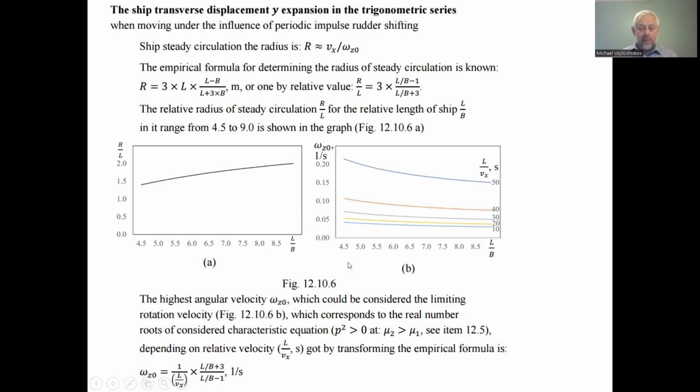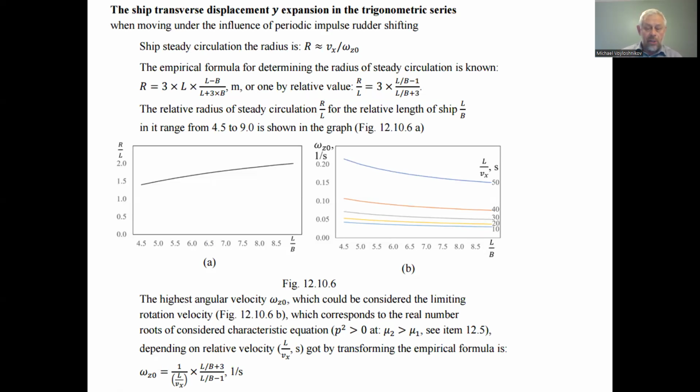Yes, the question arises, what could happen if the ship loses control when moving along the straight course? The ship will go into steady circulation if the kinematic energy of the ship is replenished by the work of the propeller or by other drives.